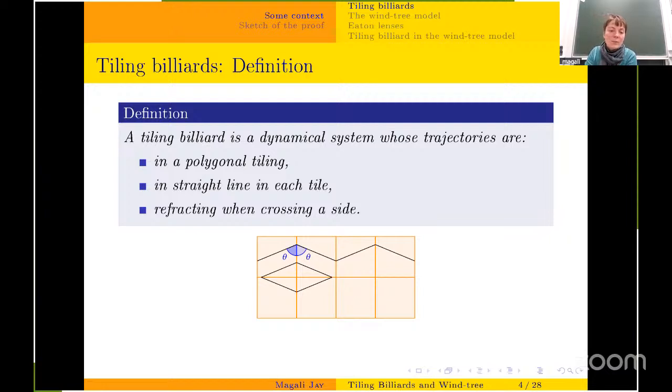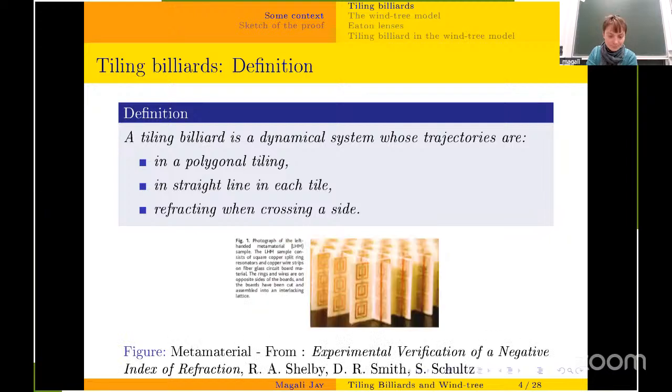This was motivated by the discovery of metamaterials with a negative index of refraction. You know that when light goes from water to air or from any material to another one, it is refracted.